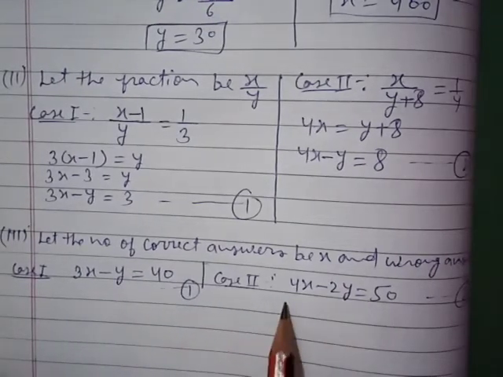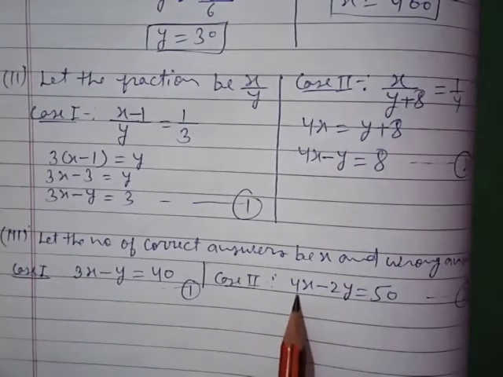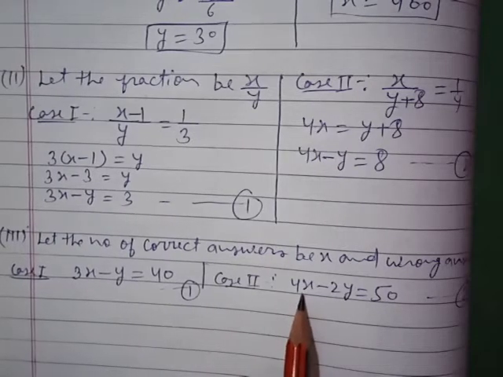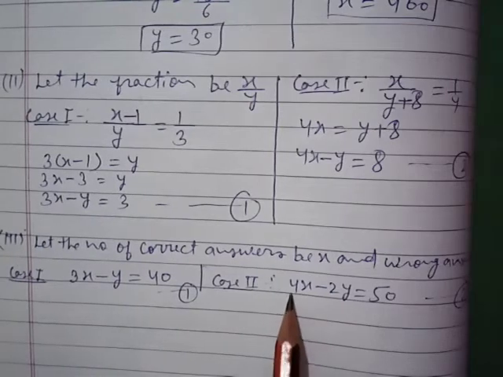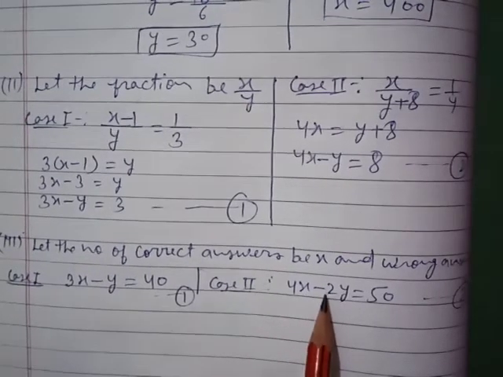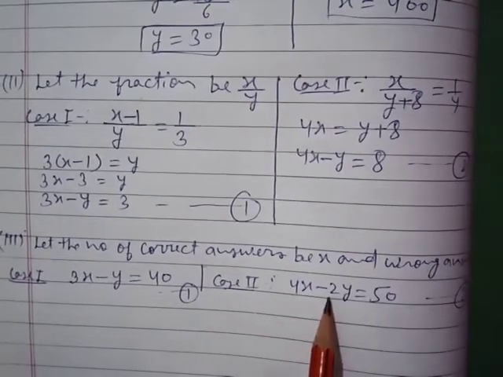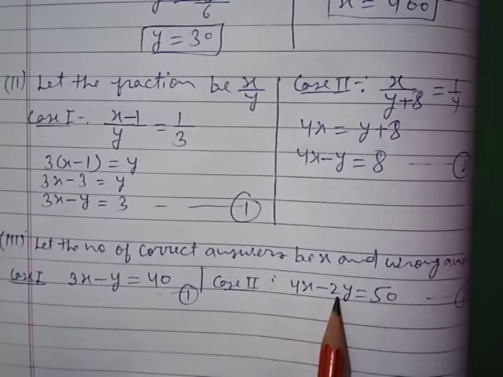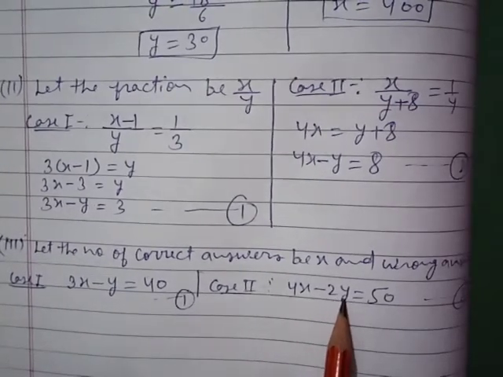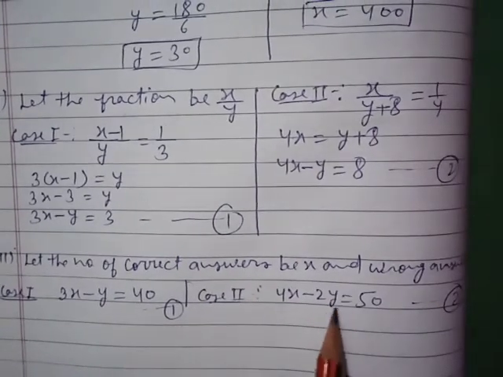Case 2: when 4 marks is awarded for each correct answer, 4 into x, since we have assumed that correct answers be x. So 4x, and since deduction brings a negative sign, minus 2y, because in the second case 2 marks are deducted for each incorrect answer, and y is the number of wrong answers.